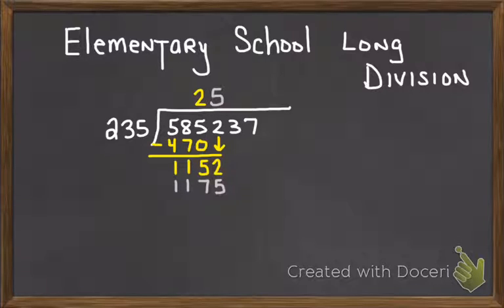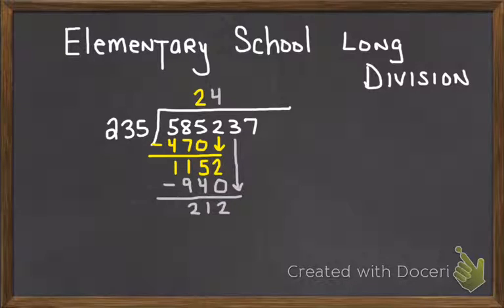And I see, that didn't work. It's too much. So I know what I need to do is erase that, and I know it's got to be 4. So when I multiply 4 times 235, that number goes right there. Now I subtract them again. When I subtract, I get 212.